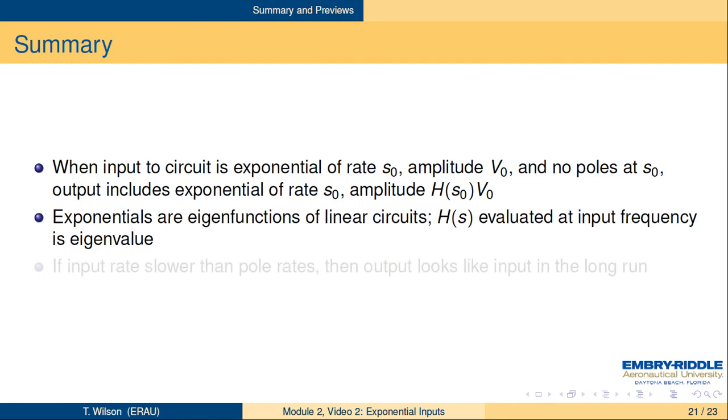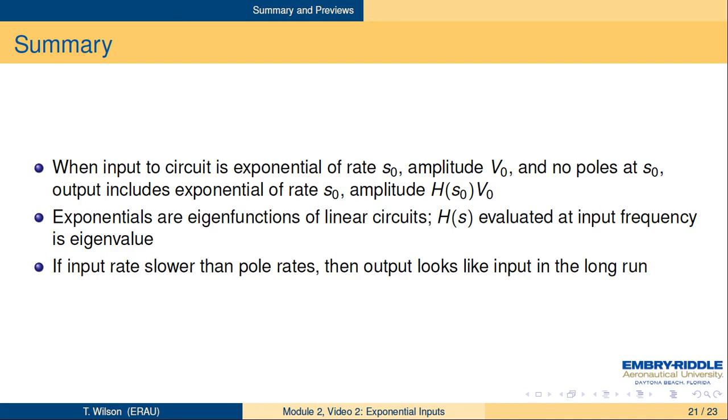We say that exponentials are eigenfunctions of linear circuits, and H of s evaluated at the input frequency is the eigenvalue. And as long as the input rate is slower than the pole rates, then the output is going to look like the input in the long run. And again, we'll exploit that when we put steps in and get constants out in the long run, and we put sinusoids in and we get sinusoids out at the same frequency in the long run.